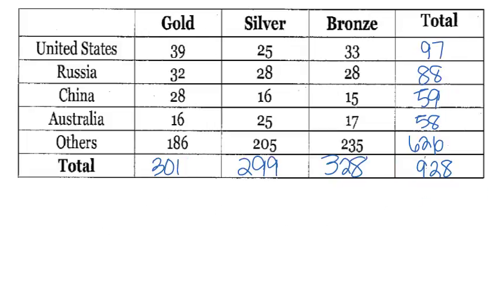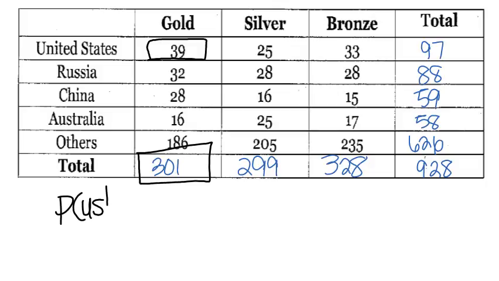And again, my table just changed a little bit, but nothing else happened. All right, find the probability that the winner was from the United States, given that they won a gold medal. So now we're still talking about the gold from the U.S., but now we're given that it was a gold medal, so our total is changing. So given that they're from the U.S. and won a gold.